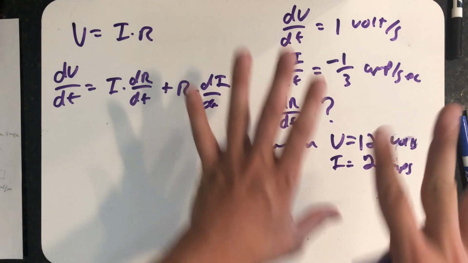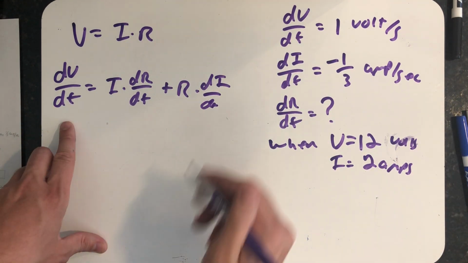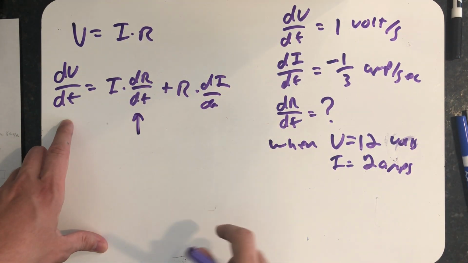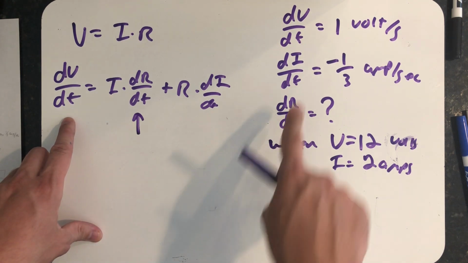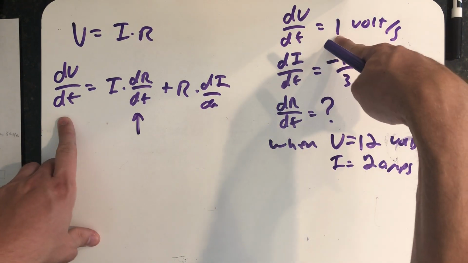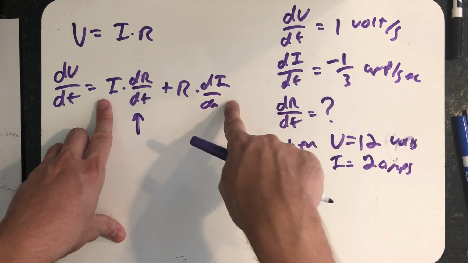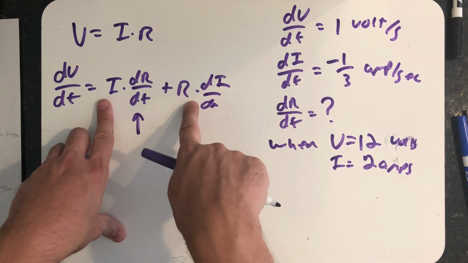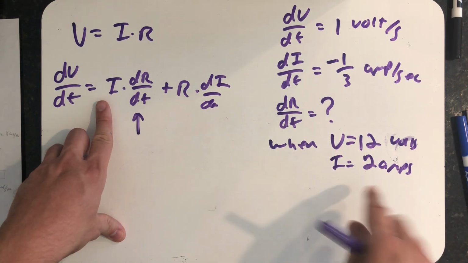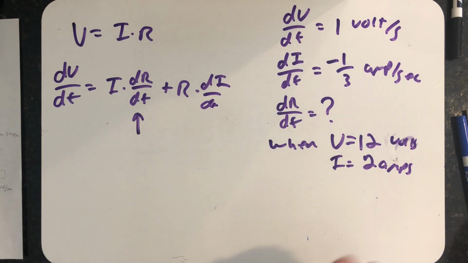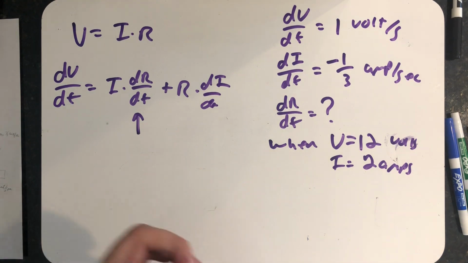All right, let's see if I have enough to plug in. I'm looking for dR/dt. So I need things to plug in literally for everything else. I have a value for dV/dt. I have a value for I. I have a value for dI/dt. And I need a value for R, and I don't have it. There is no value for R given here. But fortunately, Ohm's law itself provides that answer.